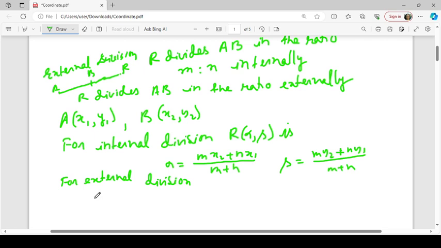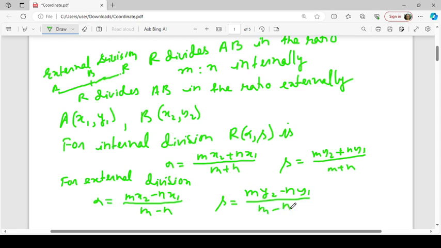Then alpha is given by alpha is equal to (mx2 - nx1) by (m - n), and beta is (my2 - ny1) by (m - n).